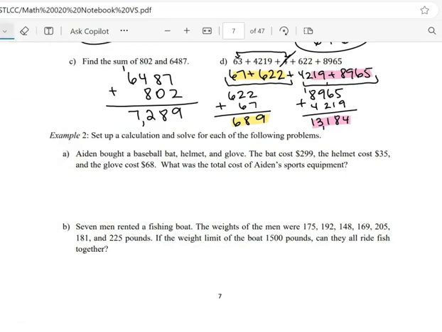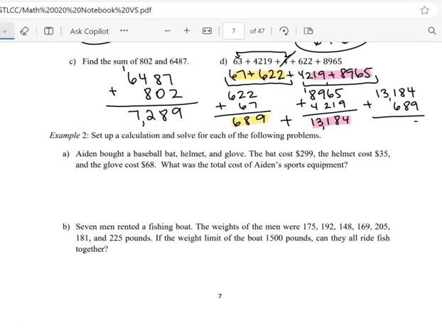And now I just need to add the final 2 numbers together. So I have 13,184 plus 689. That's the wrong place where I put the 6. I should not have it there. 689. Okay.